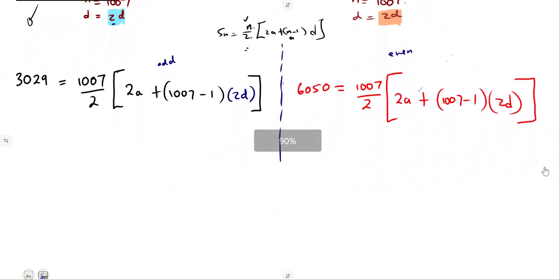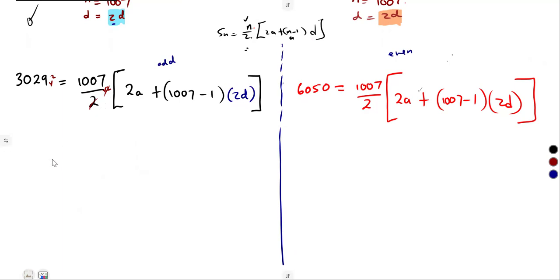We can see that here there's something that we can play around with. To get rid of the 2 in the denominator, simply multiply by 2 here, and it will cancel.